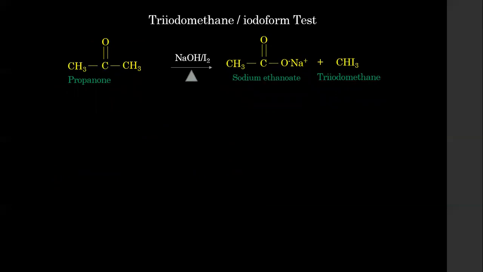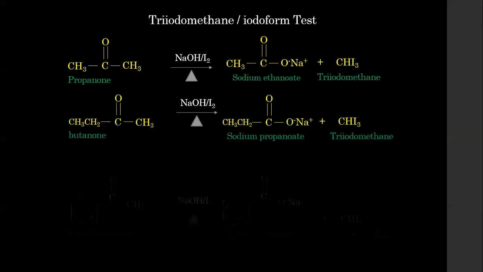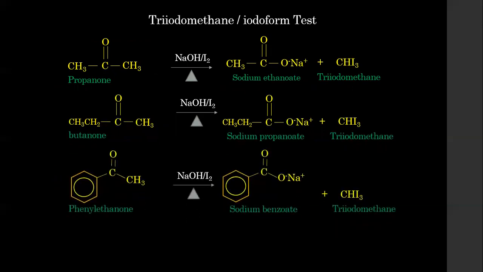Now the 3 reactions we have discussed can be taken together on a single screen so that we can study the nature of the reaction better. You can see here, propanone goes to sodium ethanoate. This was our first example, producing triiodomethane.